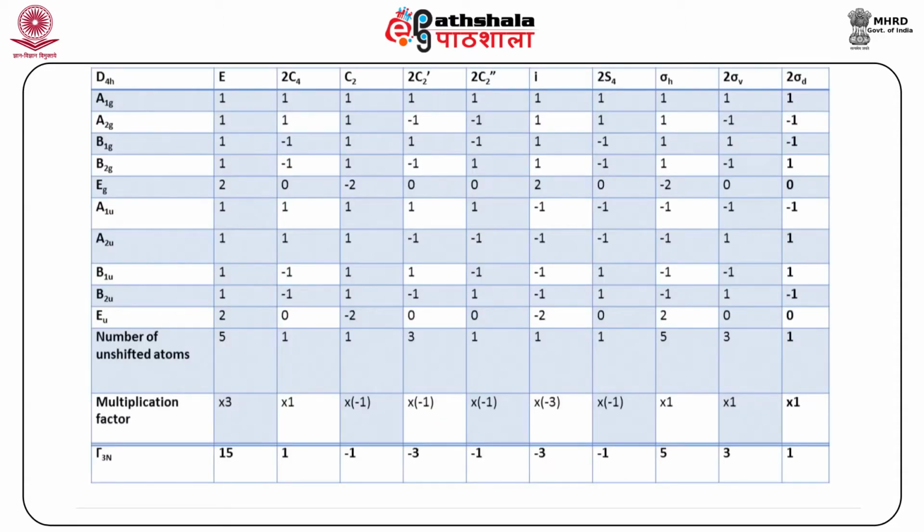Now we have to make use of the character table of the D4h point group, which is also given over here in partial form, that is, the basis functions have been removed. We will use this and try to find out the effect of various symmetry operations of this point group on the molecule.